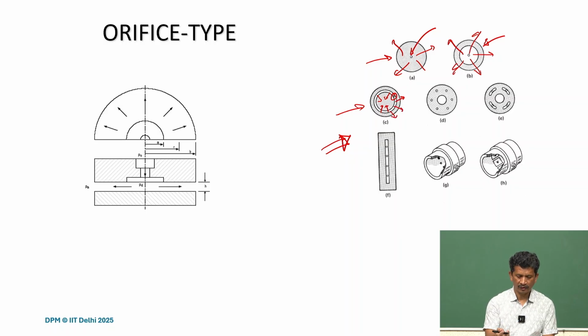So there is an annular type and there is an annular groove. Air is fed through a hole to the groove, and then from the groove it will flow through the bearing surface. We can have a combination: a central pocket, and then the orifices, annular and central.